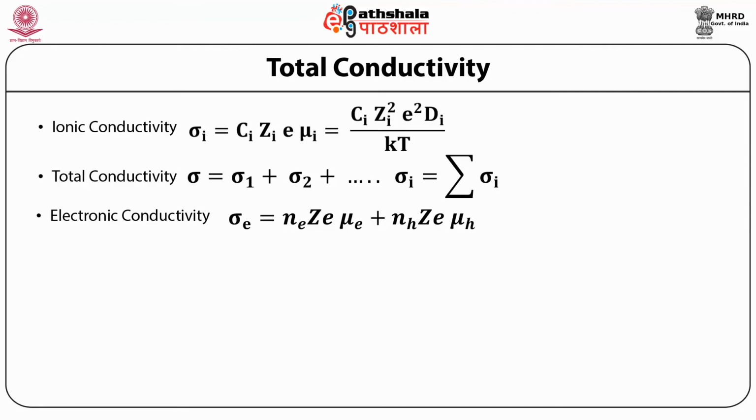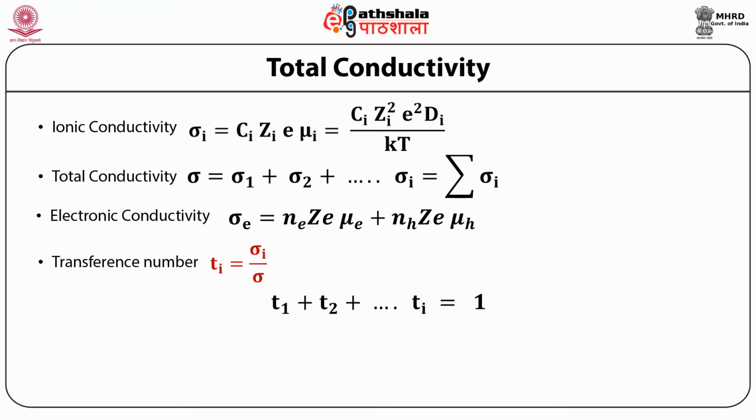The fraction of total conductivity carried by each charged species is called the transference number, t_i, and is expressed as t_i equal to sigma_i divided by sigma, and it is straightforward to see that t_1 plus t_2 up to t_i is equal to 1.